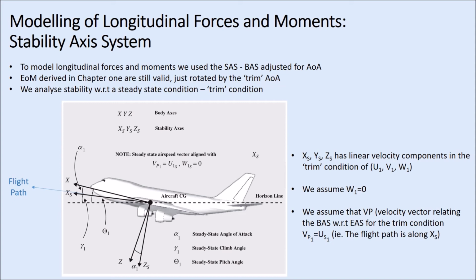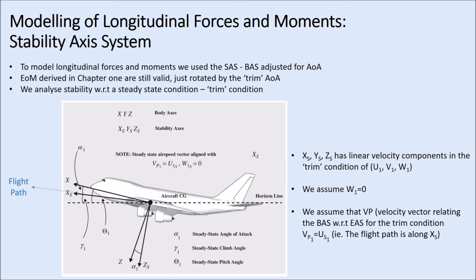So basically all that means is that we're assuming the flight path is along the xs axis direction. Again, because we've rotated the body axis system to account for our trim angle of attack. And you can see that from the diagram on the left hand side.